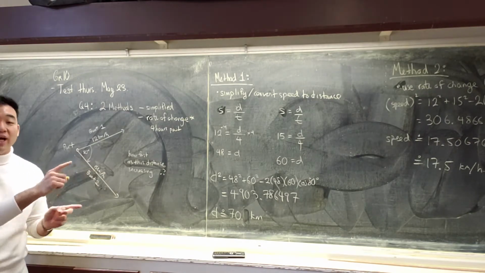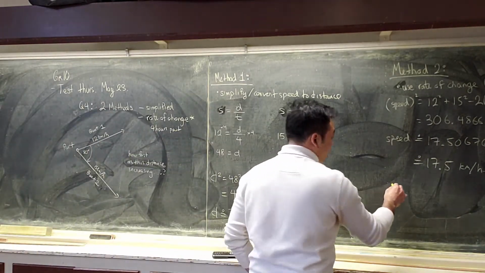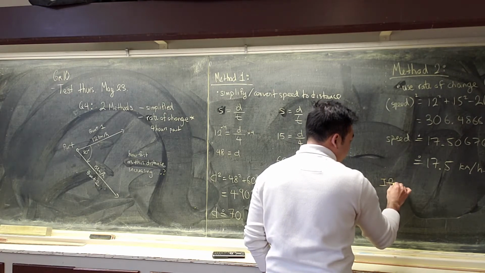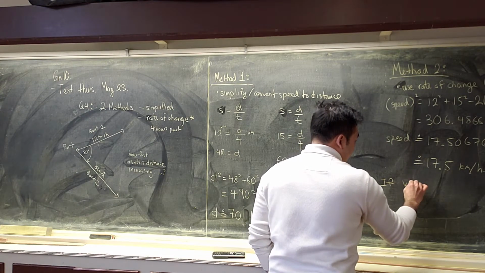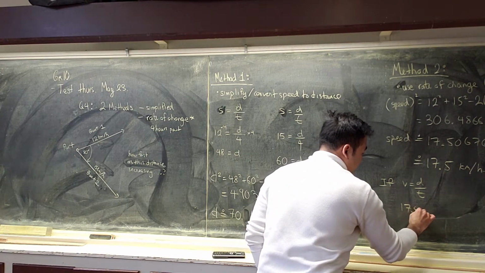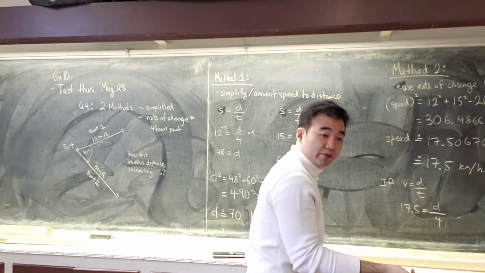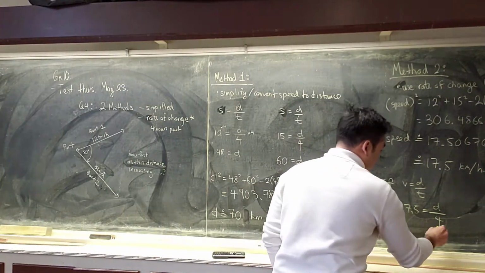Do those two answers disagree? Well, let's take a look at what that is in 4 hours. If speed is equal to distance over time, 17.5 is equal to distance after 4 hours. So what's distance?